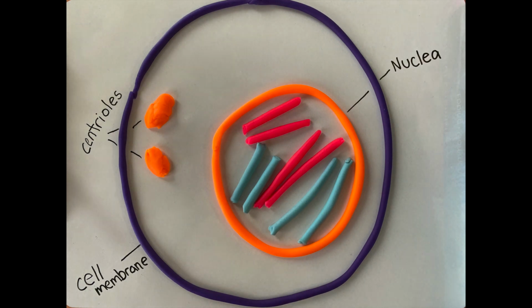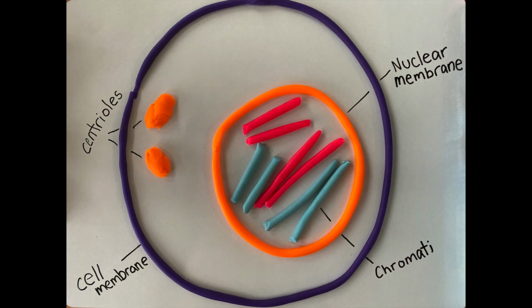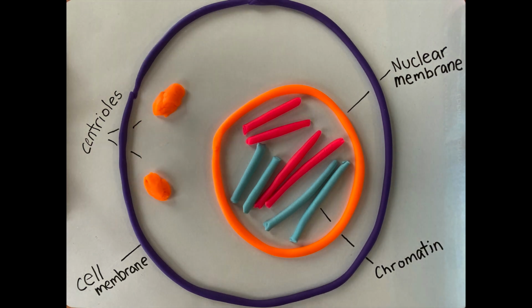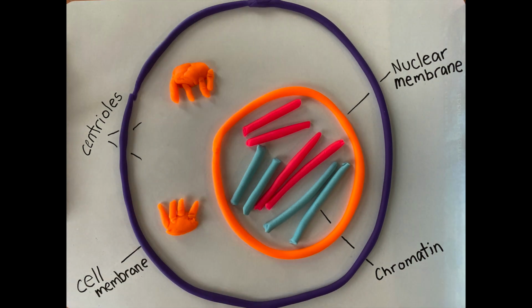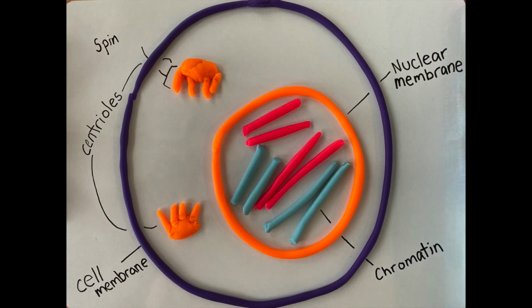The nuclear membrane is also present. Chromosomes are in the relaxed form called chromatin, making them difficult to visualize under a microscope. Also, the spindle fibers are formed from microtubules, which we call centrioles.